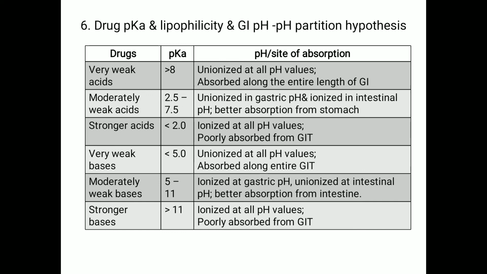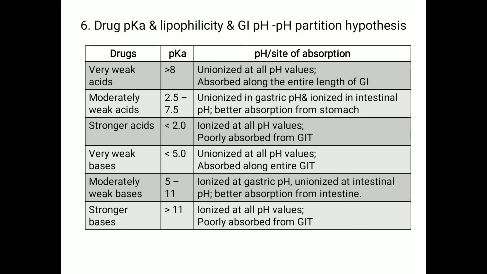Moderately weak bases remain ionized at gastric pH but unionized at intestinal pH, so they are better absorbed from the intestine. And stronger bases, whose pKa is greater than 11, remain ionized at all pH values, and that's why they are poorly absorbed from the GIT.